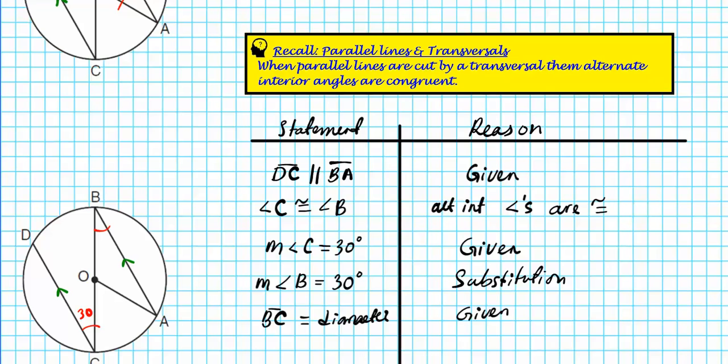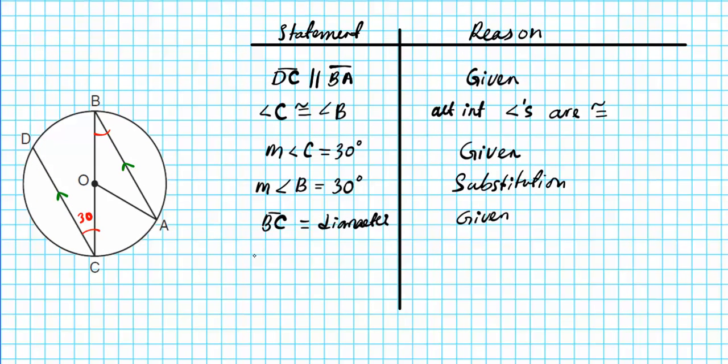And then we can conclude that OC, actually OB, is a radius, one of the radii. It's a radius because the reason is half of the diameter is equal to the radius, okay? And OB is half of the entire length of BC.